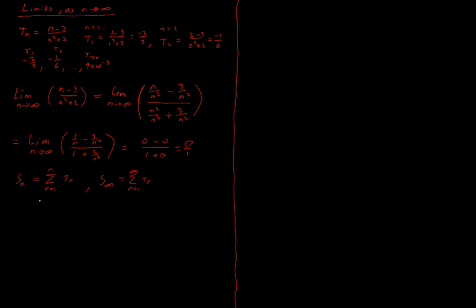Remember, S of n is the sum of all of our values, all of our terms. We start off with fairly big numbers, 2/3 and a sixth, or minus 2/3 and minus a sixth. But as we go on, the values of T are going to get smaller and smaller and smaller, and they're going to matter less and less and less to the overall value of the sum.